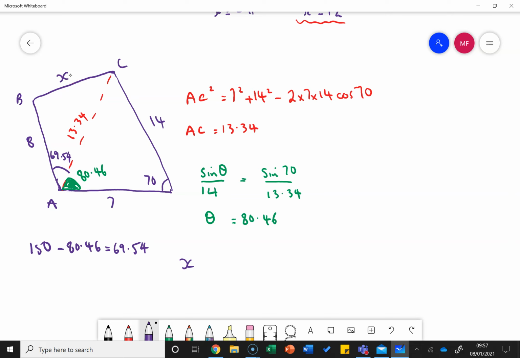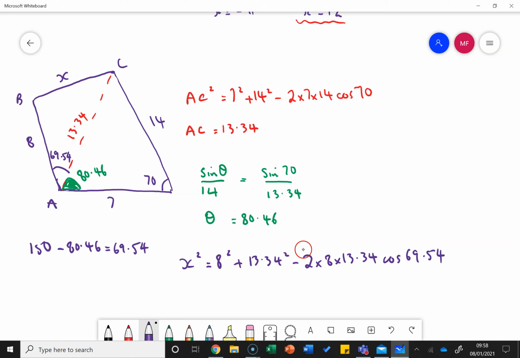So you've got x squared is equal to 8 squared plus 13.34 squared minus 2 times 8 cos of that angle. Play around with all that, type it all into your calculator.